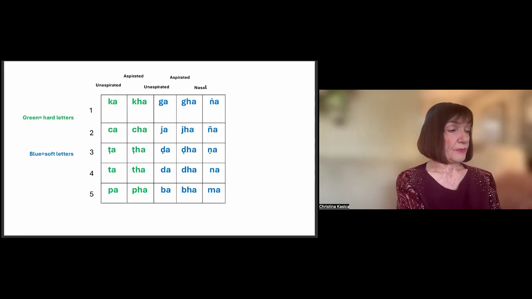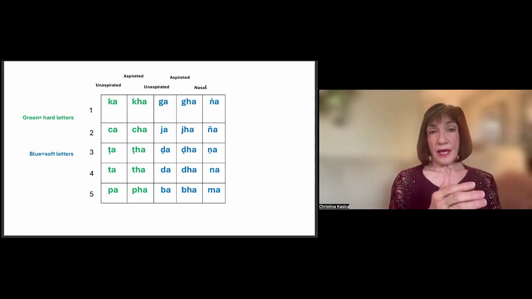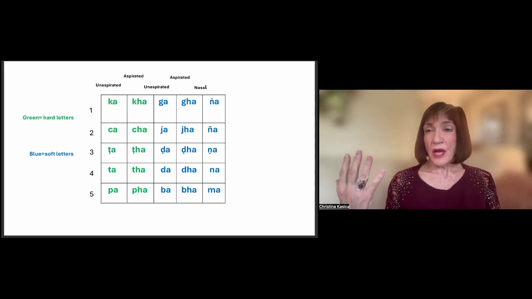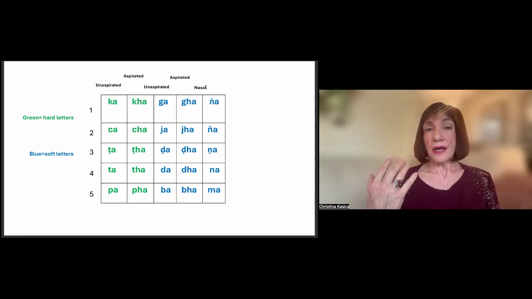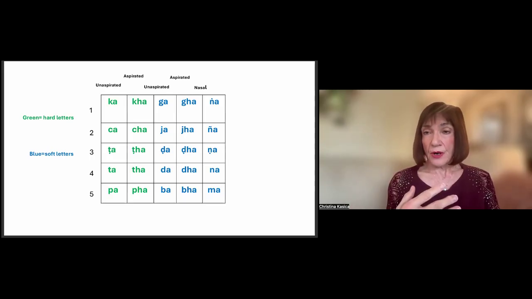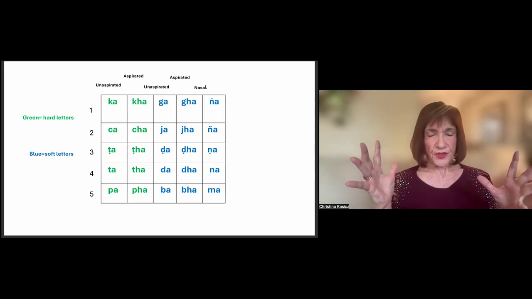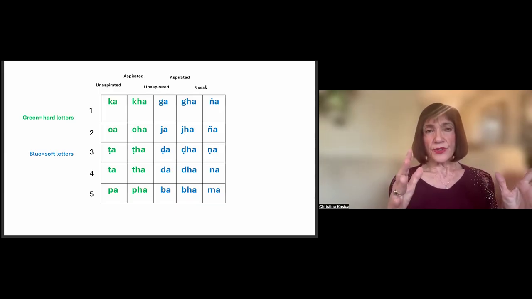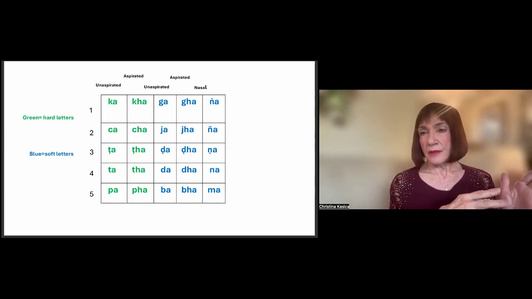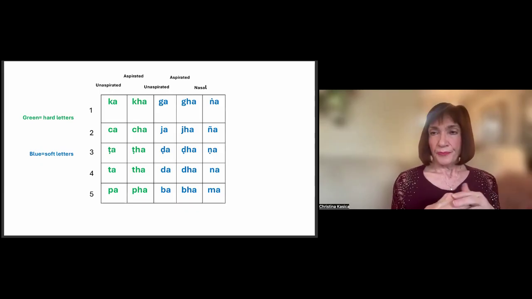Again, we add a breath sound to the aspirated letters. The unaspirated letters are just plain, no breath sound. So the first 2 in the first varga would be ka and kha.